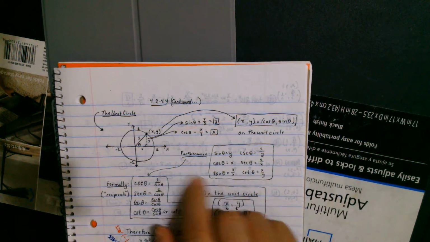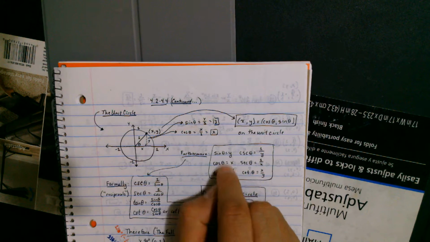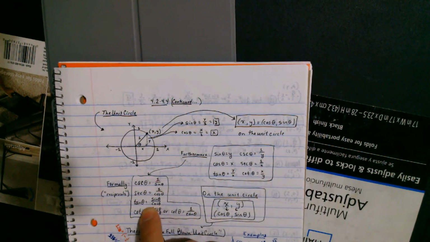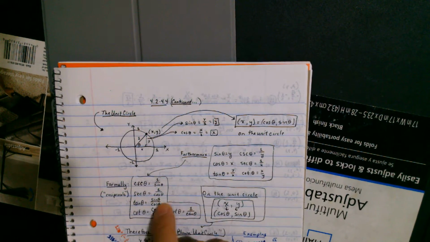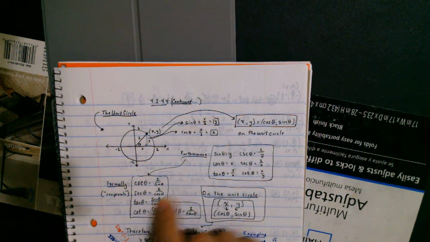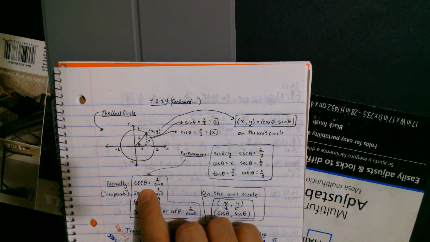Now tangent is opposite over adjacent, so y over x. You can see that tangent is really sine over cosine, y over x. Cosecant is 1 over y, so cosecant is 1 over sine of theta.